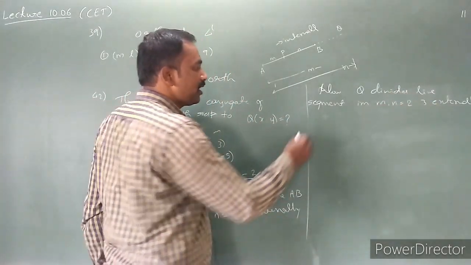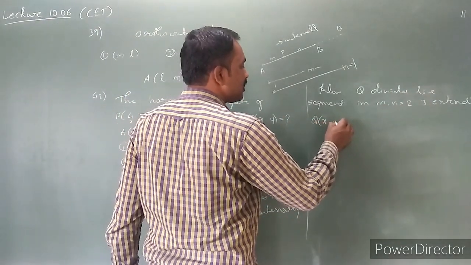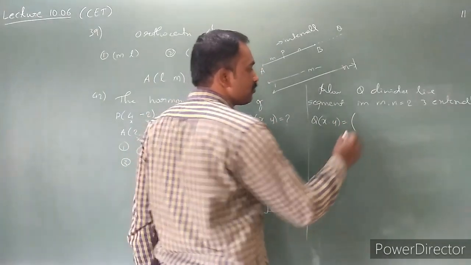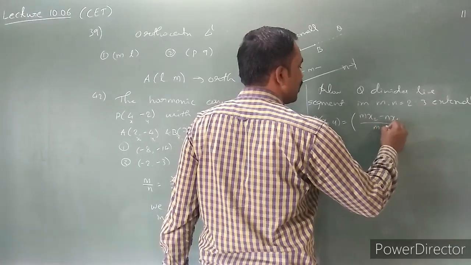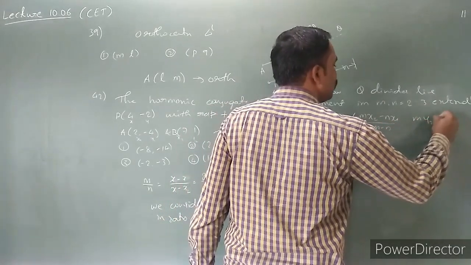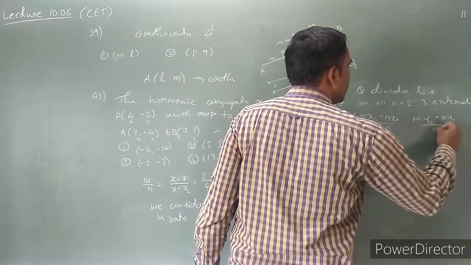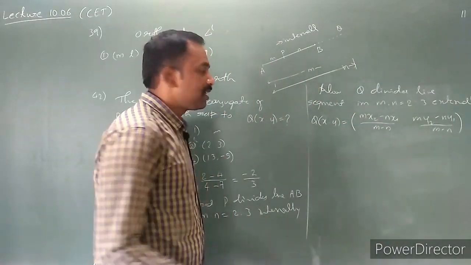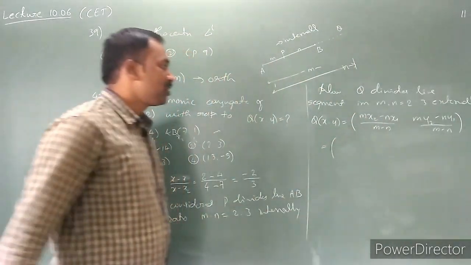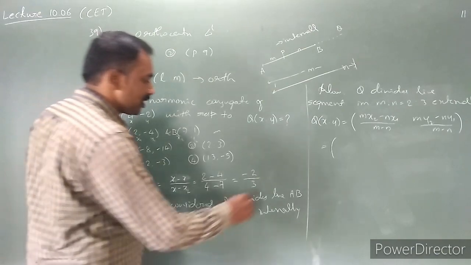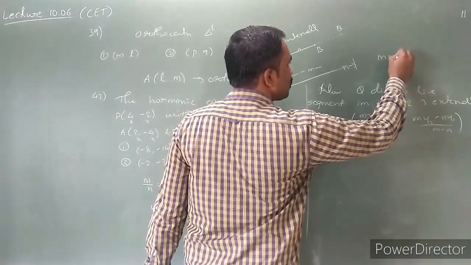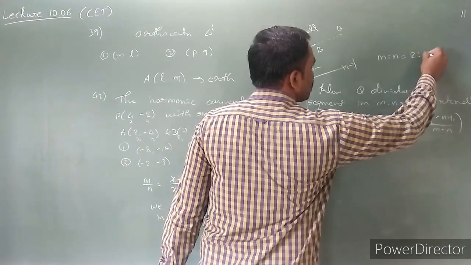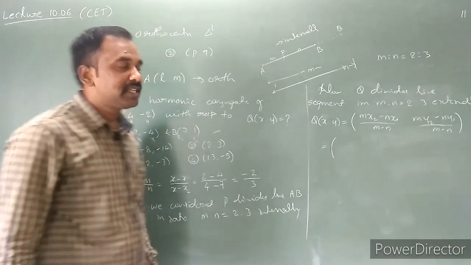So the required Q coordinate, x comma y, is equal to, what is the external division formula? (m x2 minus n x1) divided by (m minus n), similarly (m y2 minus n y1) divided by (m minus n). Here m is to n is 2 is to 3, external division formula only as written.